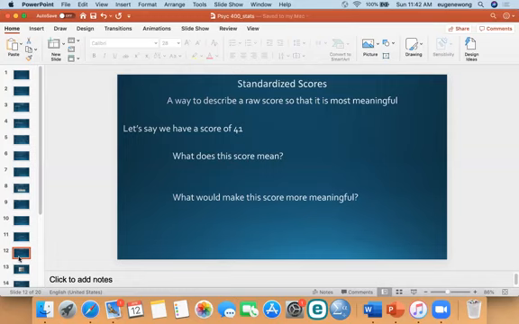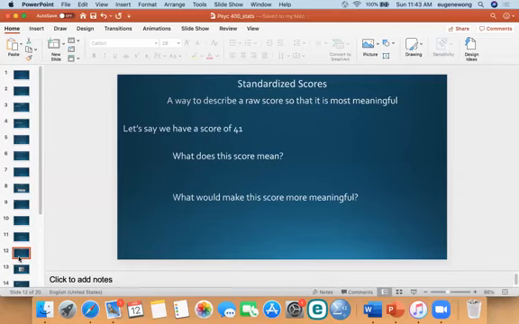It's just a number. So what we need is something to make that 41 more meaningful. This is where standardized scores come into play. Standardized scores help us to give meaning, to make sense of numbers, so that we're not just looking at the number going, well, I don't know, it's just a number.